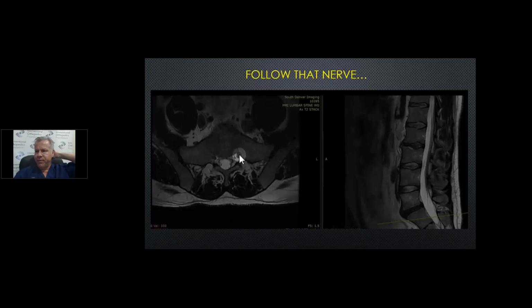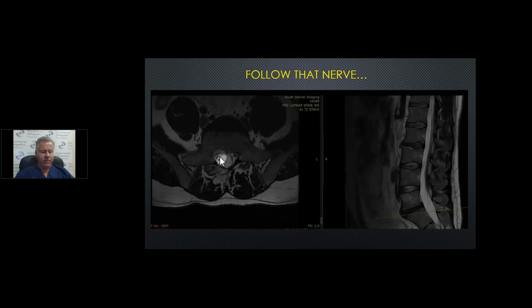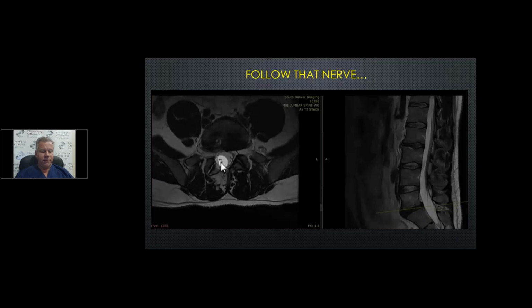So we see here the left and then the right S1 nerves. Again, S1 nerve here, S1 nerve there. As we come up, those S1 nerves, you can see them here and here, are going to move towards the center and disappear into the dura.